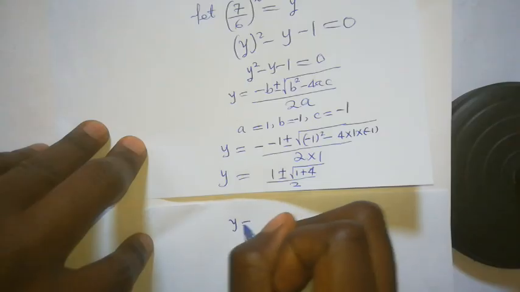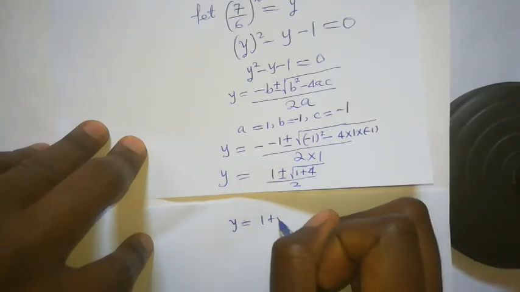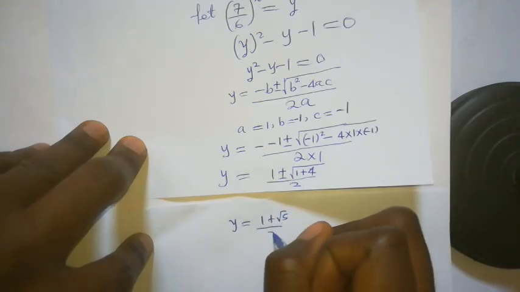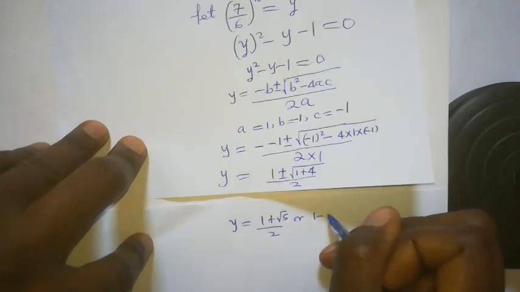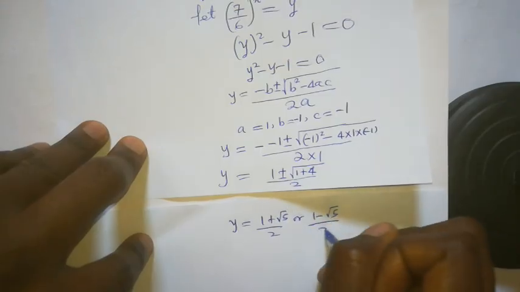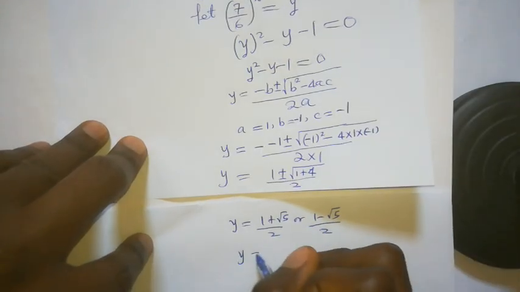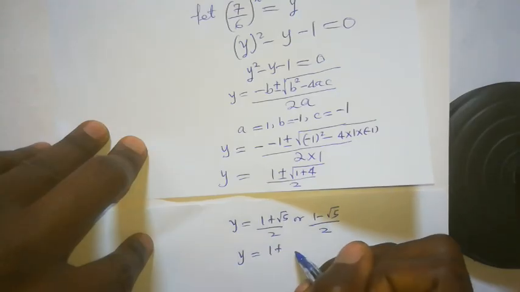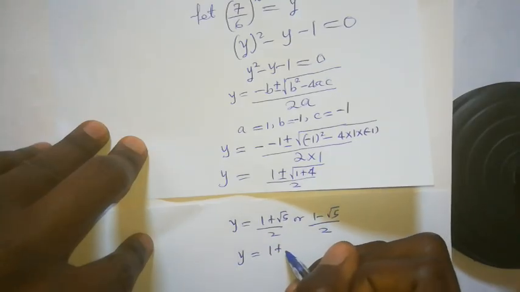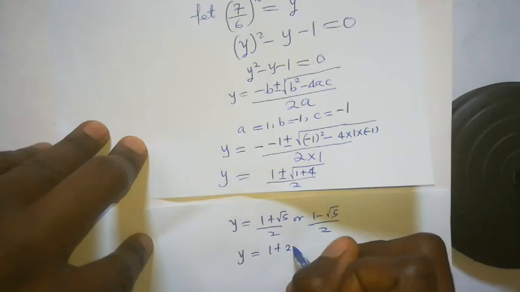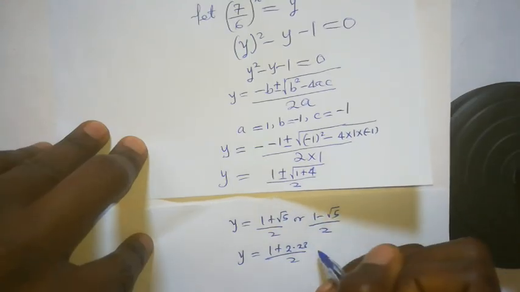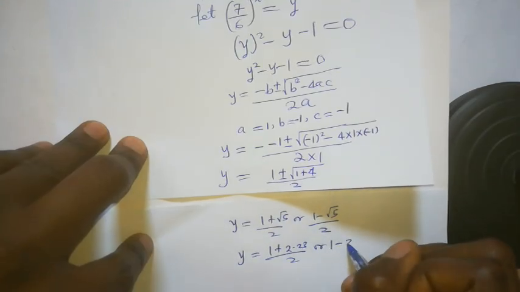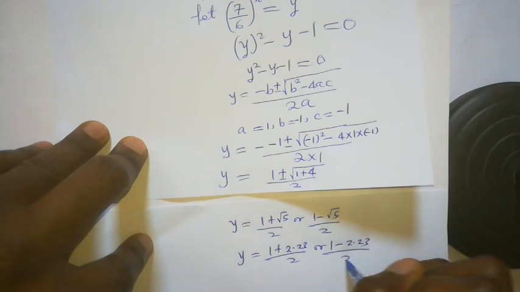Our y is equal to 1 plus square root of 5 over 2, or 1 minus square root of 5 over 2, which is 1 plus 2.23 over 2, or 1 minus 2.23 over 2.